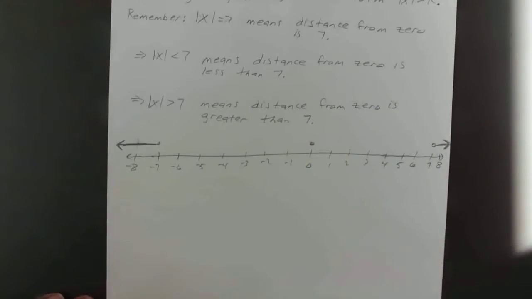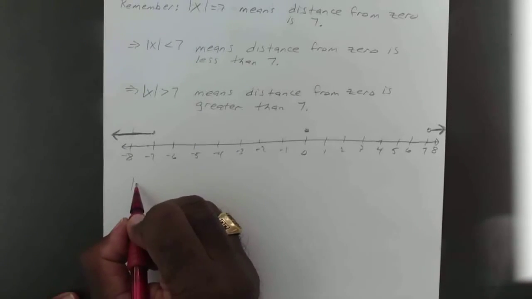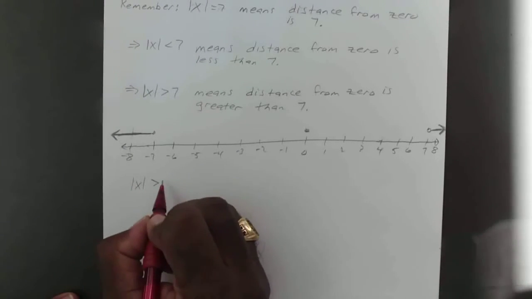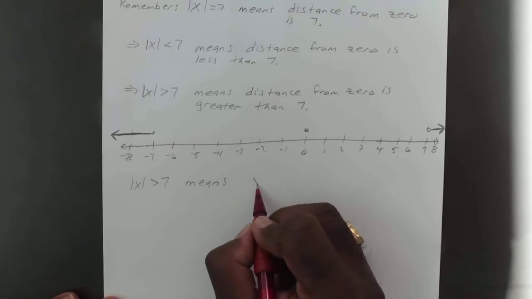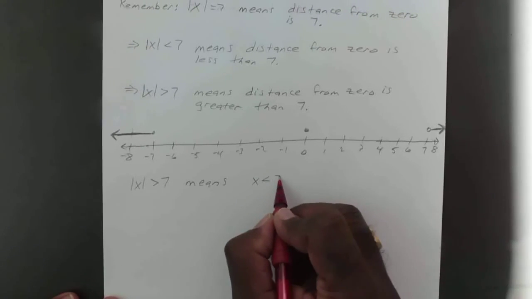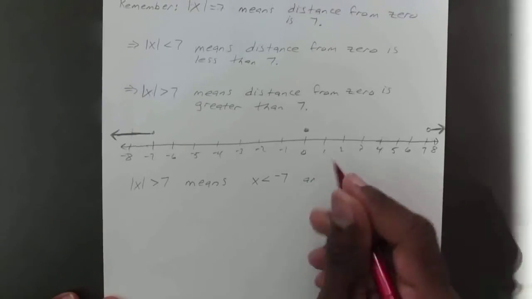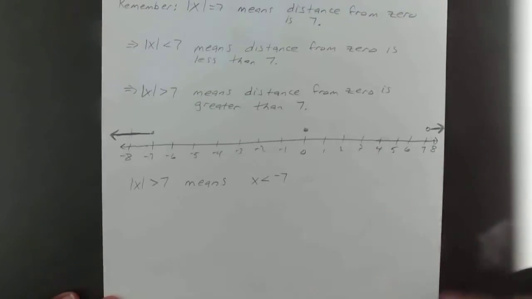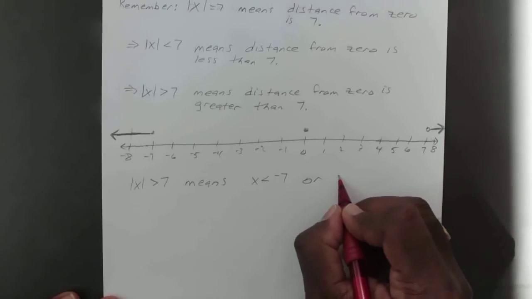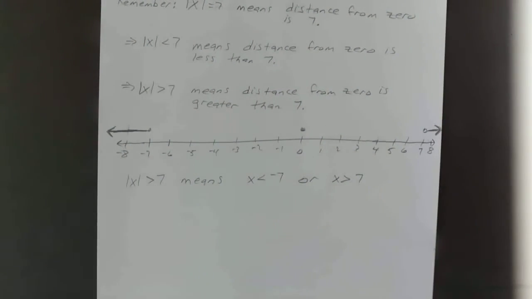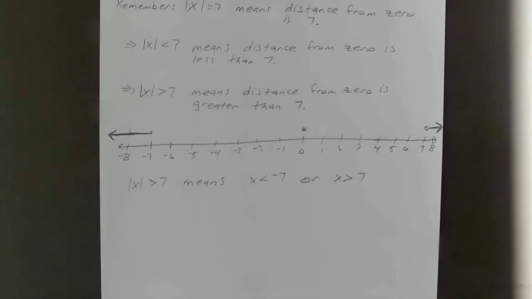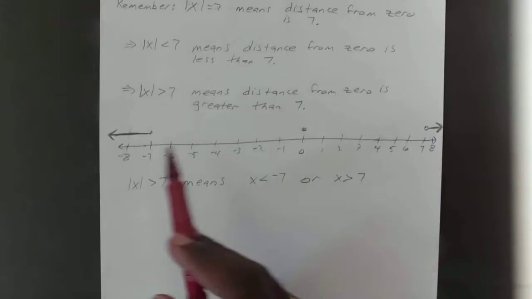So that means absolute value of x is greater than 7 means that x is less than -7 or x is greater than 7. Either one of those would make that true, and this has to be or, because you can't be in both at the same time.